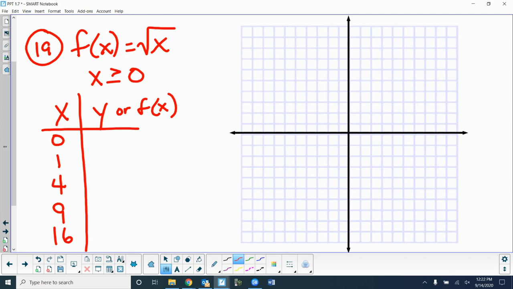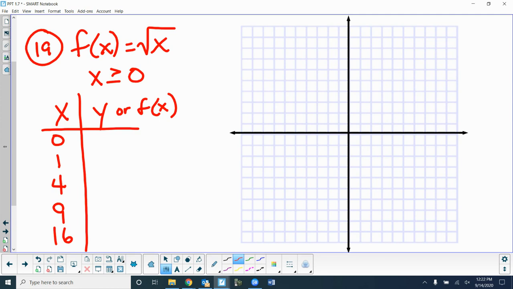Remember, x can be anything. Last week we talked about x being the independent variable, meaning it can be anything. And then we said y, or f of x, was the dependent variable, meaning it depended on the x. We have to know what x is before we can figure out the other.